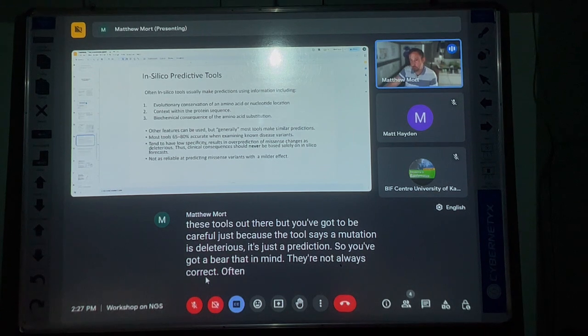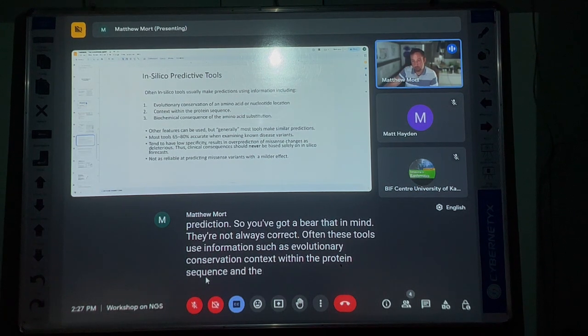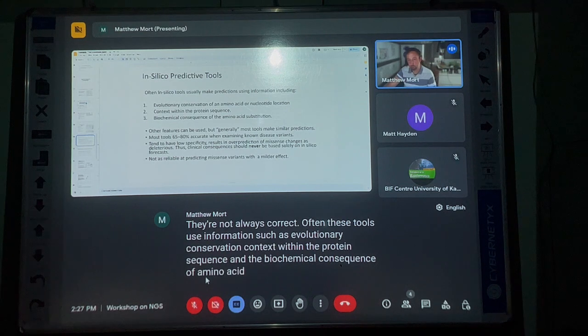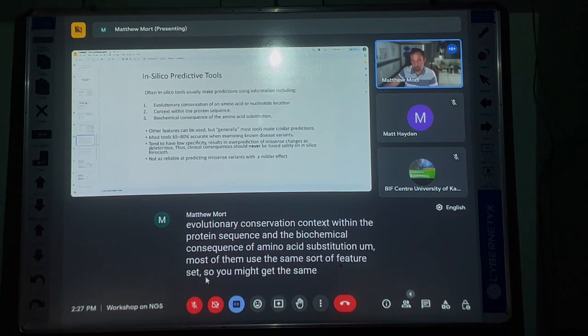Often these tools use information such as evolutionary conservation, context within the protein sequence, and the biochemical consequence of amino acid substitution. Most of them use the same sort of feature set, so you might get the same results with different tools.